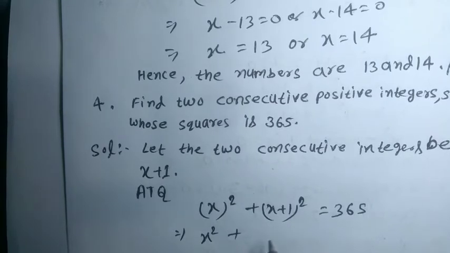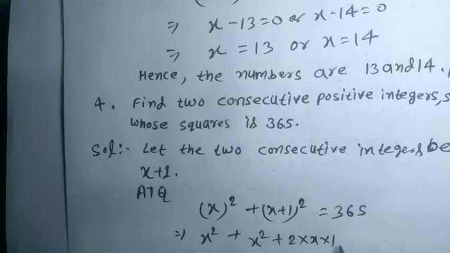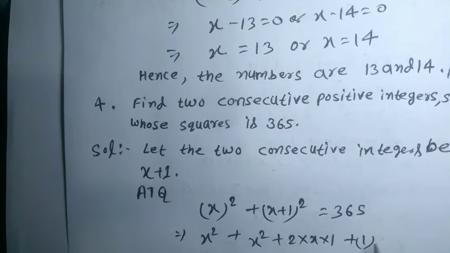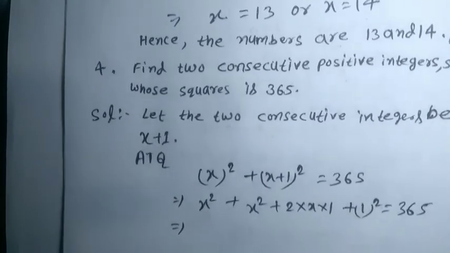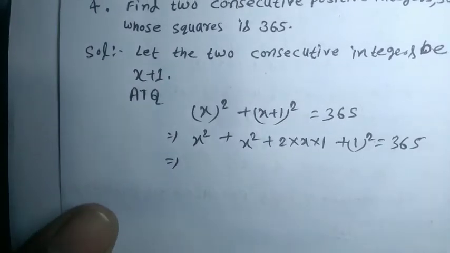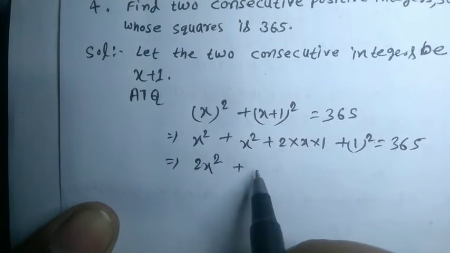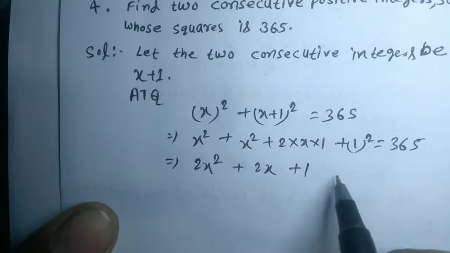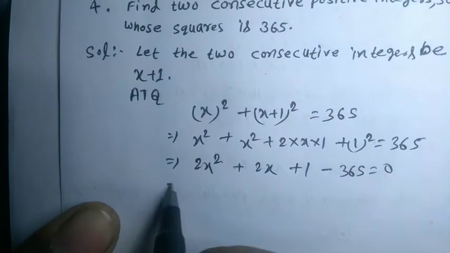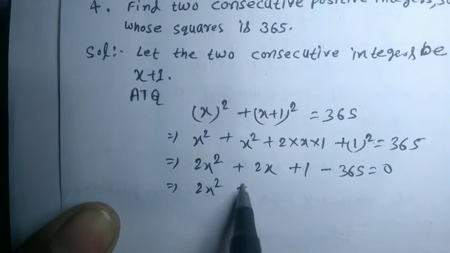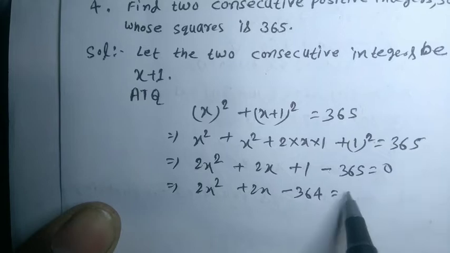Using a plus b the whole square is equal to a square plus 2ab plus b square, that is equal to 365, implies x square plus x square, 2x square, plus 2x plus 1 minus 365 is equal to 0. 2x square plus 2x minus 364 is equal to 0.